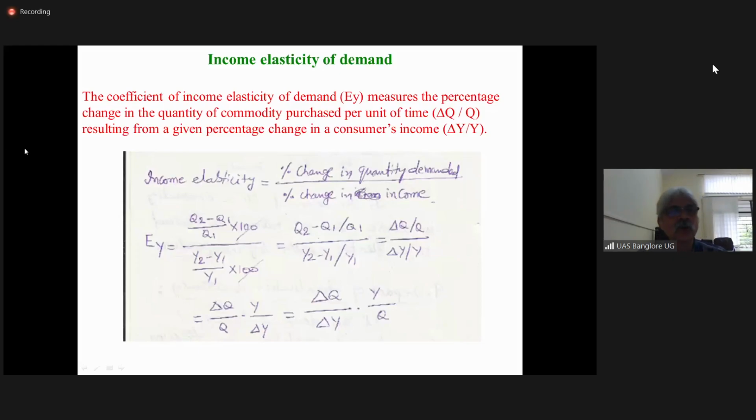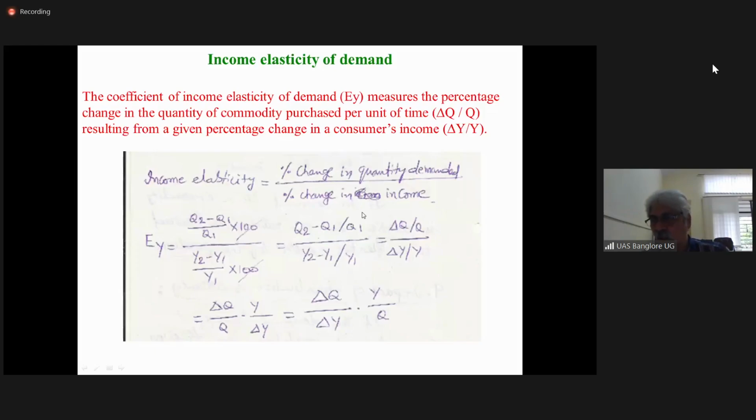So the coefficient of income elasticity of demand is very similar to price elasticity of demand. In the case of price elasticity, it is the percentage change in quantity demanded because of the percentage change in price. But when we talk about income elasticity, it is the percentage change in quantity demanded because of the percentage change in income.